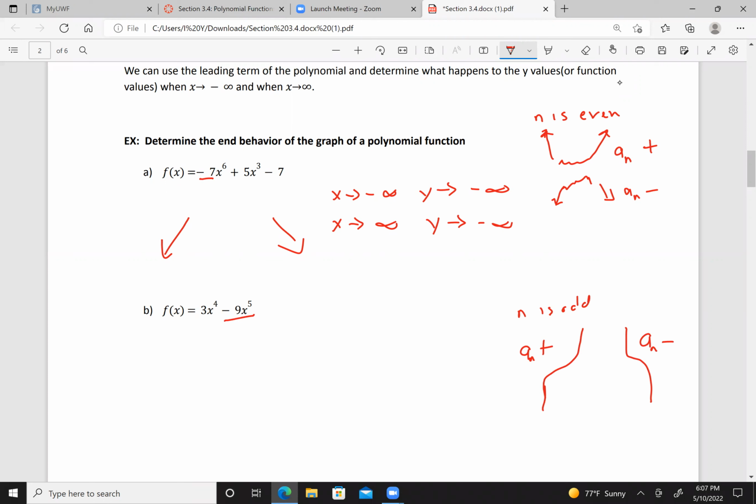This is my leading term, even though it's not first. n is 5, and a sub n is negative 9. That means I'm looking at this. As x approaches negative infinity, y approaches infinity. And as x approaches positive infinity, y approaches negative infinity.